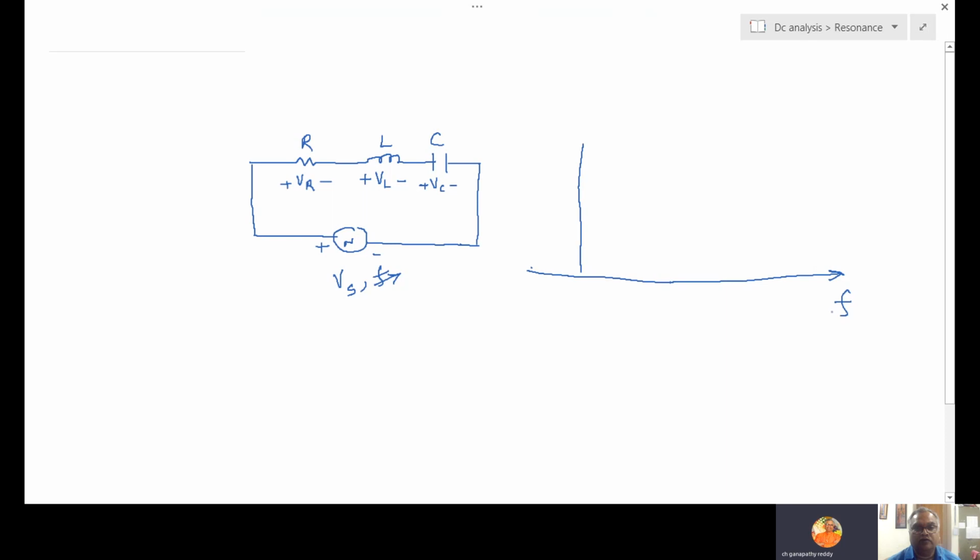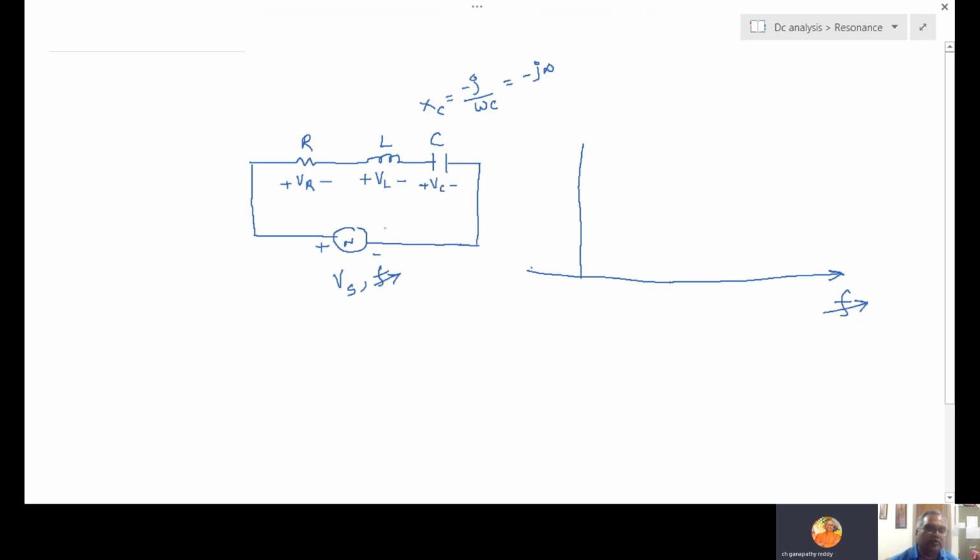It's a variable frequency. First VC, when frequency is zero, the capacitor is open. Because what is capacitor reactance? Minus J by omega C. When frequency is zero, this is minus J infinite. So because of infinite reactance, it is open.